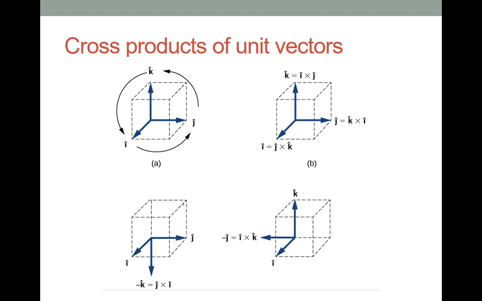It also shows us that if you go backwards, so for example, if I do j cross i I get negative k instead of k. That's shown down here. We will make use of this in just a minute.